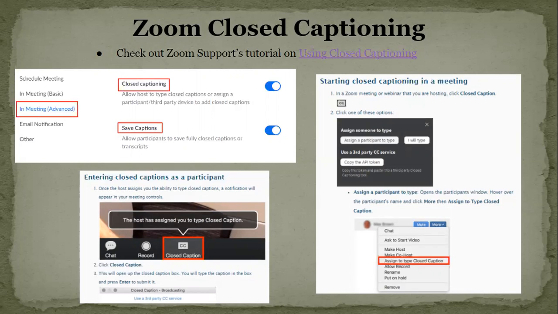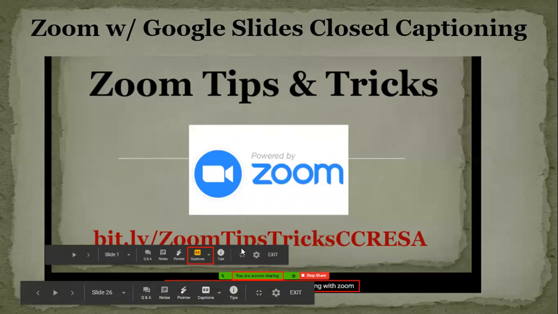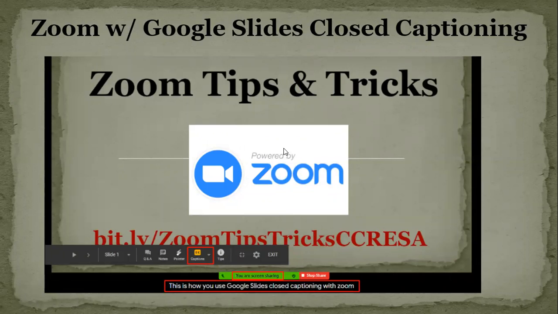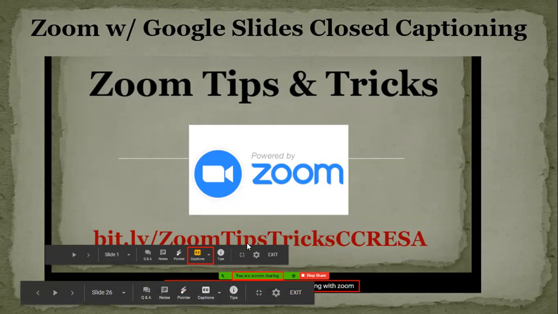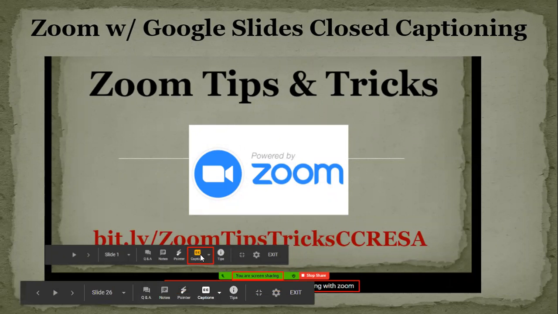Now, that's one option to use with Zoom. A second option that I'm pretty keen on is using Google Slides closed captioning alongside Zoom. This screenshot illustrates it decently well: if I use a Google slide deck, such as the one we're using right now, and I'm in present mode, and I click the captions tool and start talking, it will record what I'm saying down at the bottom, pretty accurately, might I add.